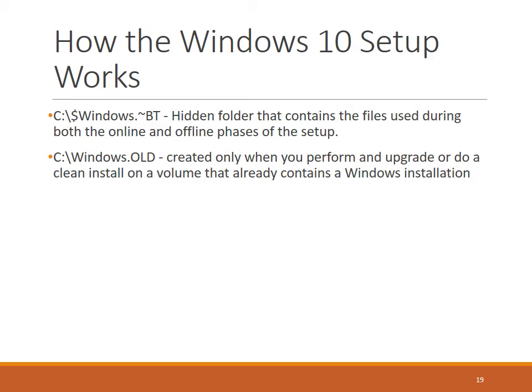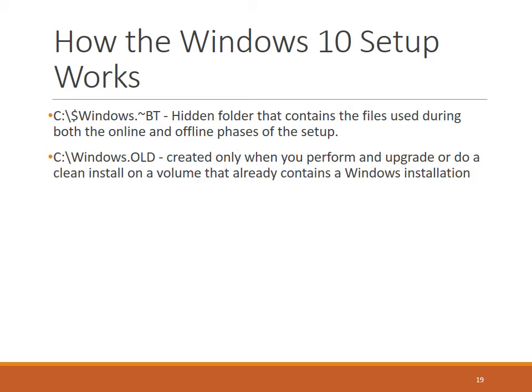This actually made a lot of people angry, especially those on very limited connections with data caps, because it would download about 8 gigs in the background without giving you prior notice. But basically, this is a hidden folder that contains all of the setup files.